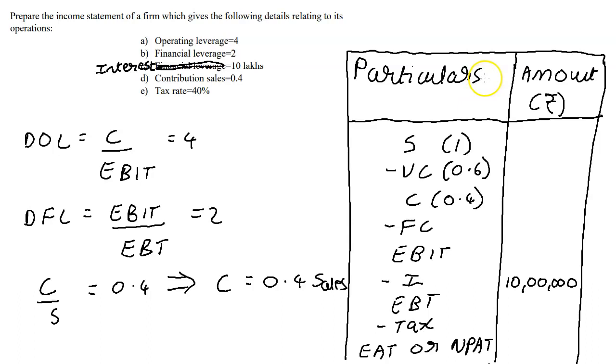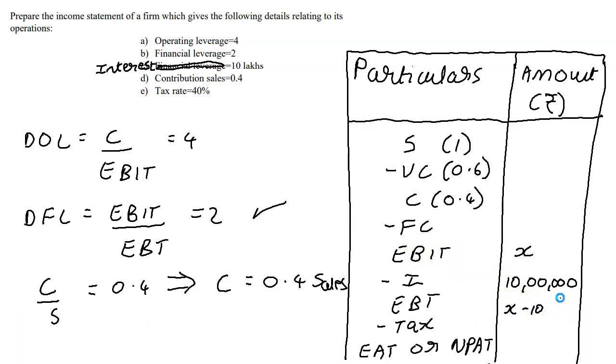I need to now calculate the other numbers in this question. Because I have been given EBIT minus interest as EBT, we have one equation that puts both these values together. I can assume that X is EBIT, therefore EBT will be X minus 10 lakhs.